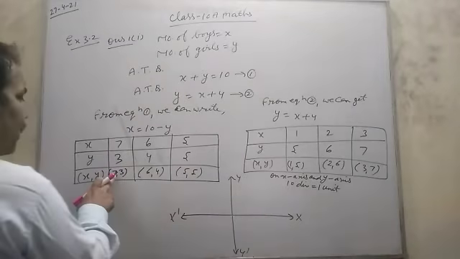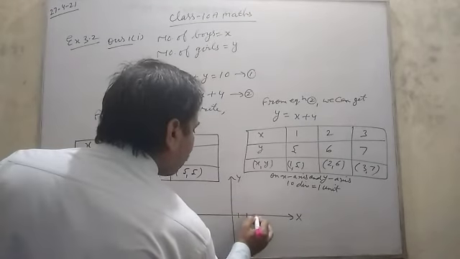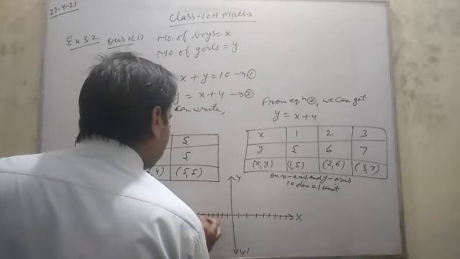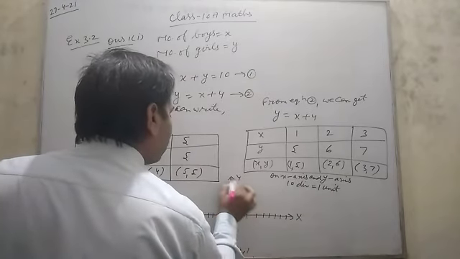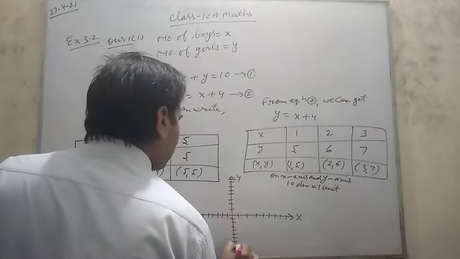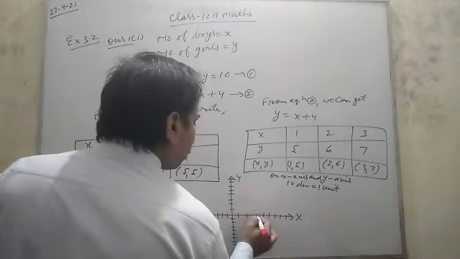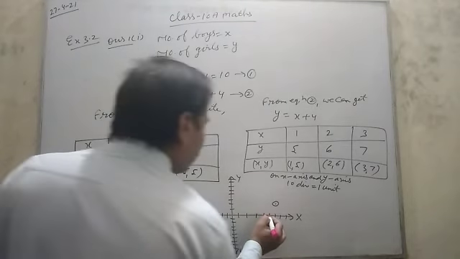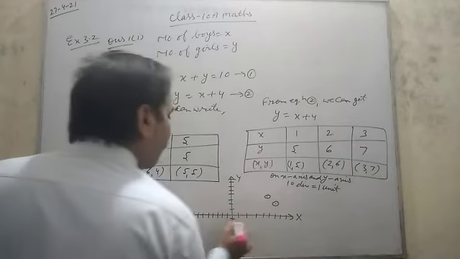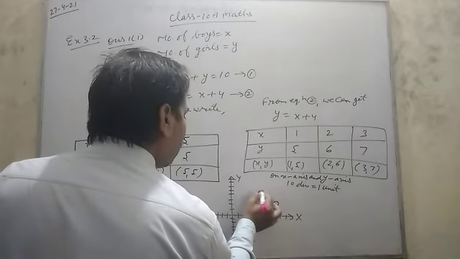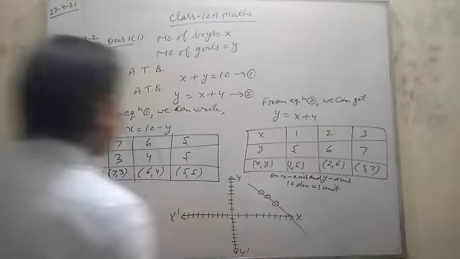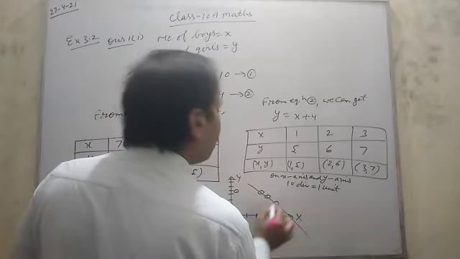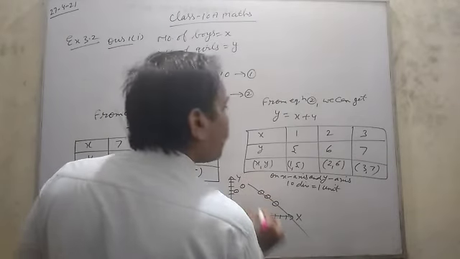Mark 1, 2 like that; in graph paper these will be given. Plot (7, 3), (6, 4), (5, 5), then (1, 5), (2, 6), (3, 7).